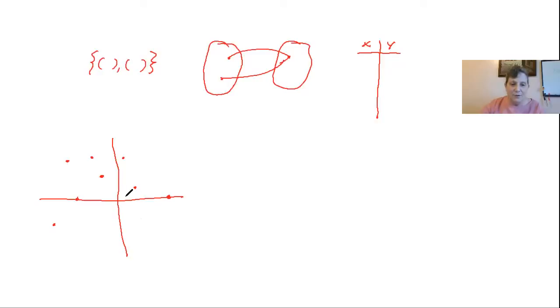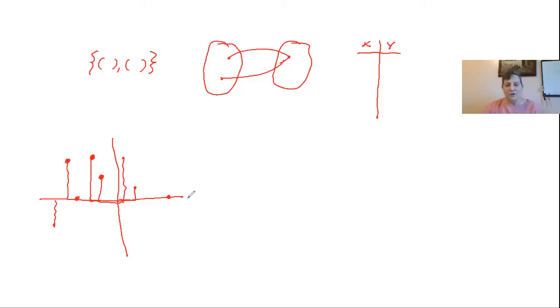Now, when we graph a point, we know that we go over and up, over and up, over and up. So that might be back and up. Here we go. So every one of these particular points has a different x value.